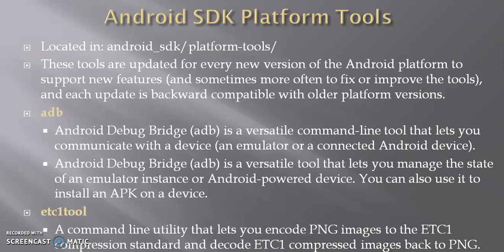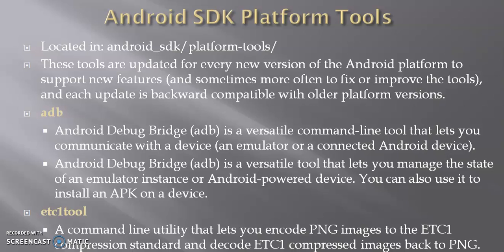It's a versatile command line tool that lets you communicate with a device, an emulator or a connected Android device. We have already seen that, and ADB also manages the state of an emulator instance or Android powered device. It is also used to install an APK on a device.